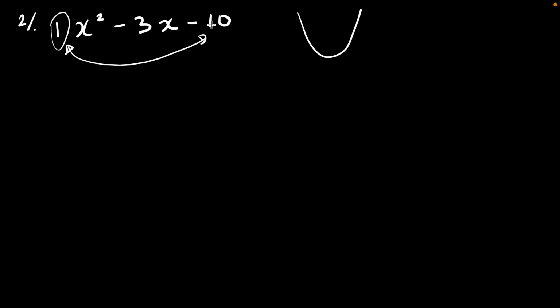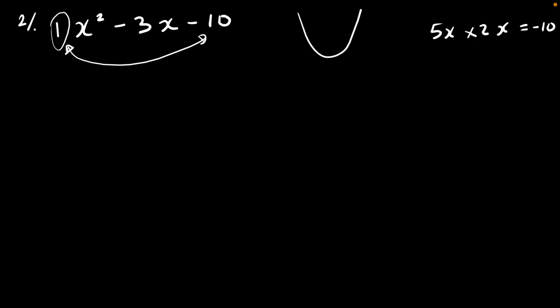Hopefully by now you'd be able to say, oh, I got it. 5 times 2 gives me 10. But if it's negative 10, then one of these has to be a negative term. So I can't say 5x times 2x to give me negative 10x squared. I need to erase that so we can see everything in one line.